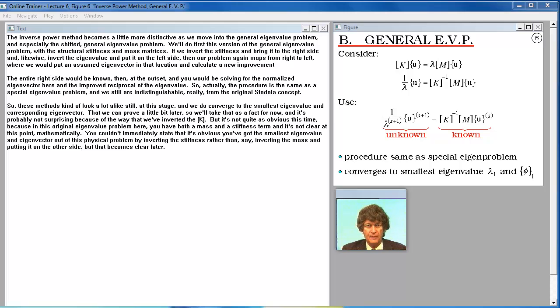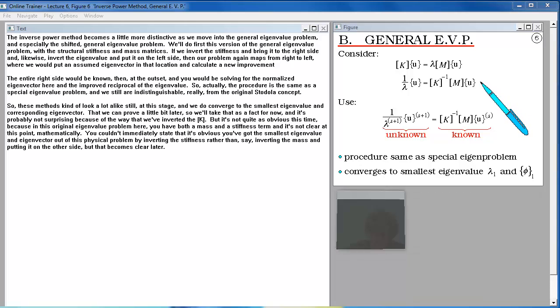The inverse power method becomes a little more distinctive as we move into the general eigenvalue problem, and especially the shifted general eigenvalue problem. We'll do first this version of the general eigenvalue problem with the structural stiffness and mass matrices.